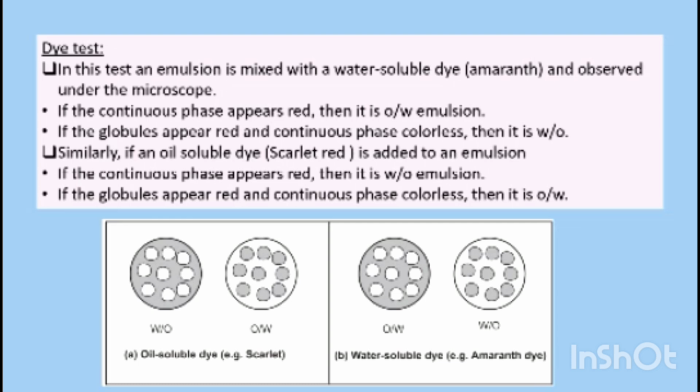Whereas if the globules appear red and the continuous phase is colorless, then it will be O by W type of emulsion, as a water soluble dye will mix with the phase which contains water, and an oil soluble dye will mix with the phase that is oil in the formulation.